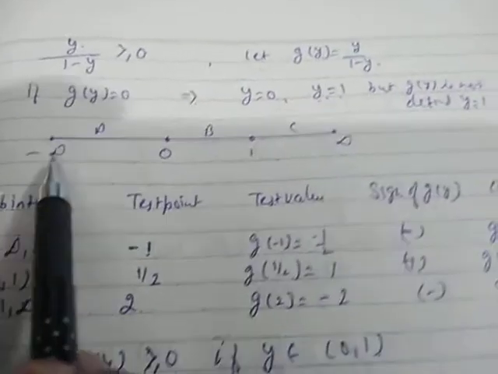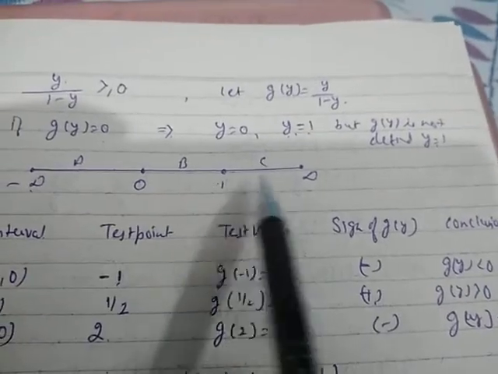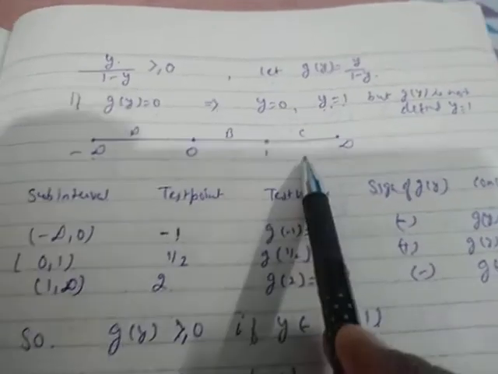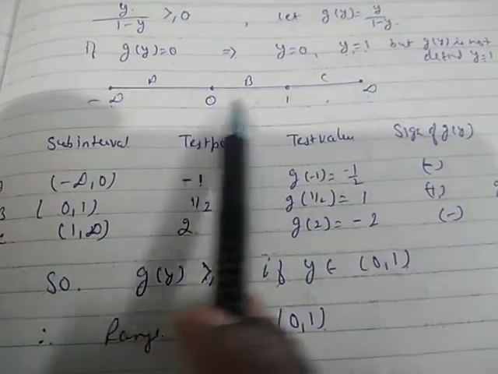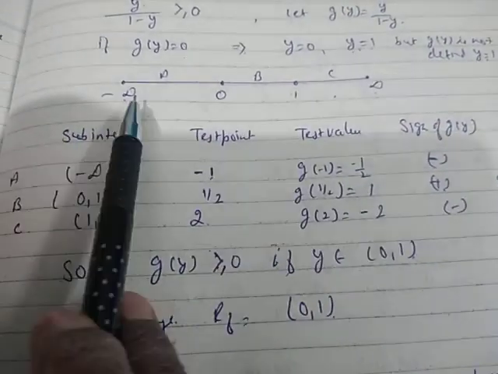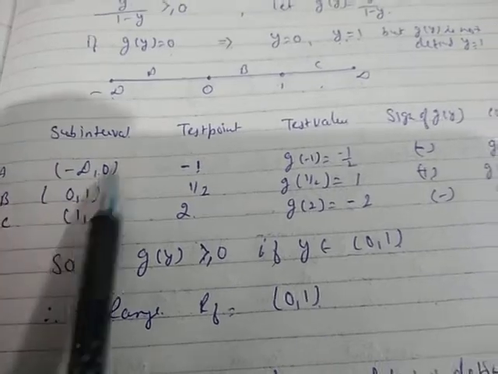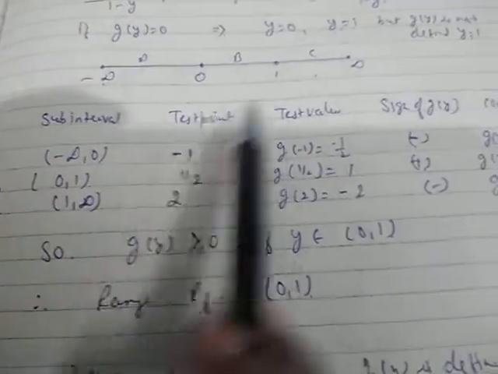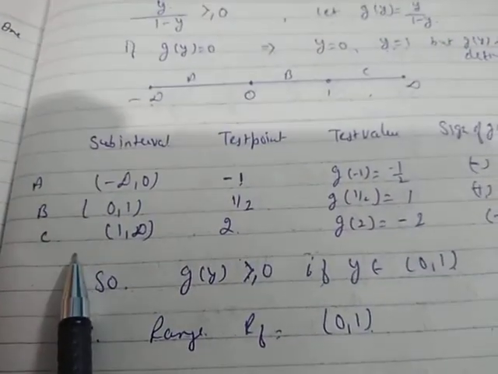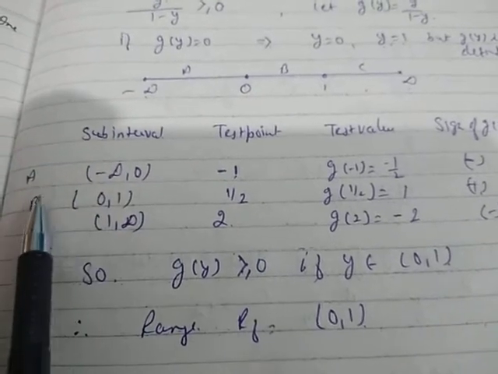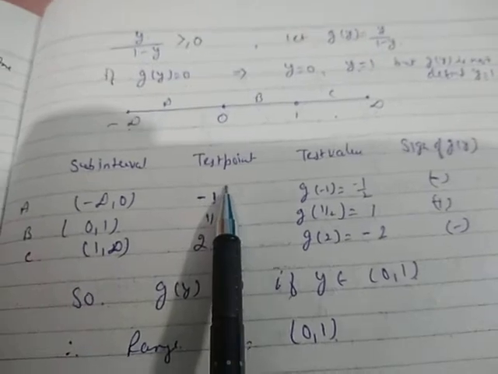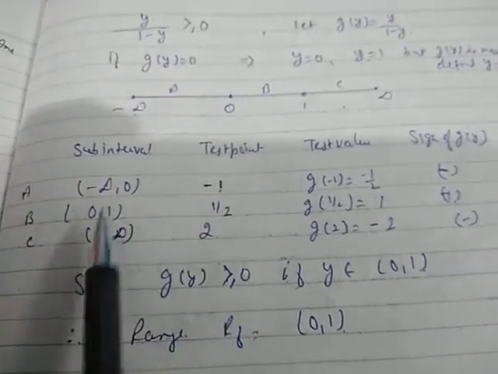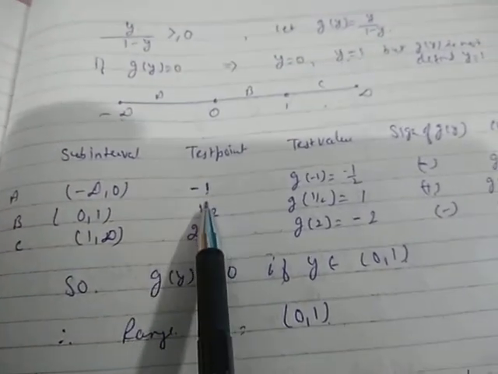Okay, so from minus infinity, 0, 1 and infinity, three intervals exist here. Minus infinity to 0 is A, 0 to 1 is B and 1 to infinity is C. Just see here, sub intervals are there and the intervals are named A, B, C. Now for the test point in minus infinity to 0, I have taken minus 1.